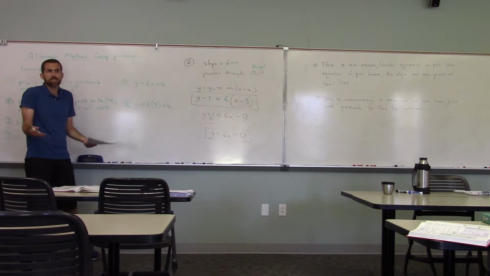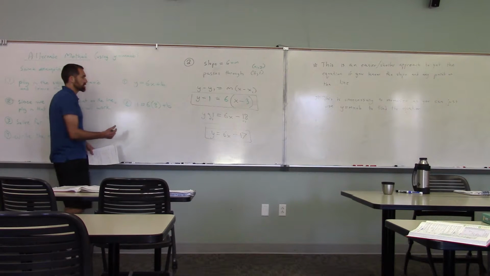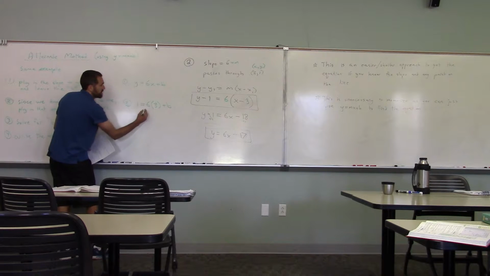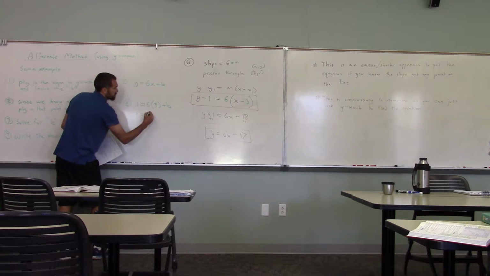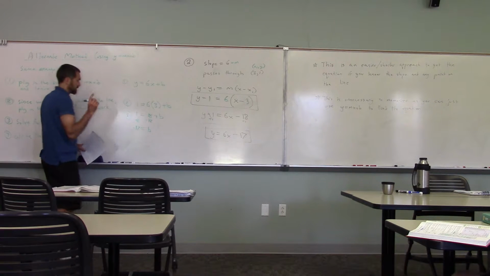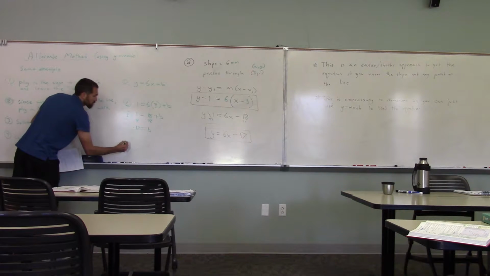So you get 1 equals 18 plus b, minus 18, minus 18, b equals negative 17.